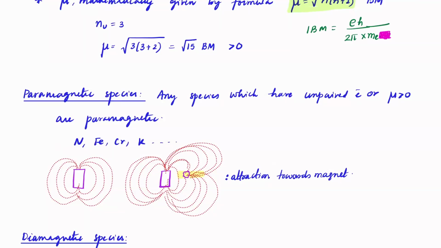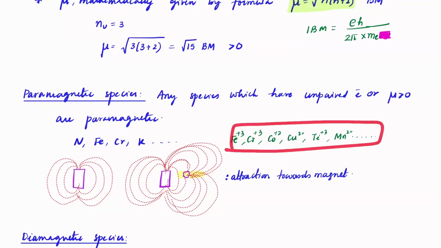When it comes to ions also, for example, Fe plus 3, chromium plus 3, cobalt plus 2, copper 2 plus, and titanium plus 3, manganese plus 2, all of these will have at least one unpaired electron. So that makes them paramagnetic species.